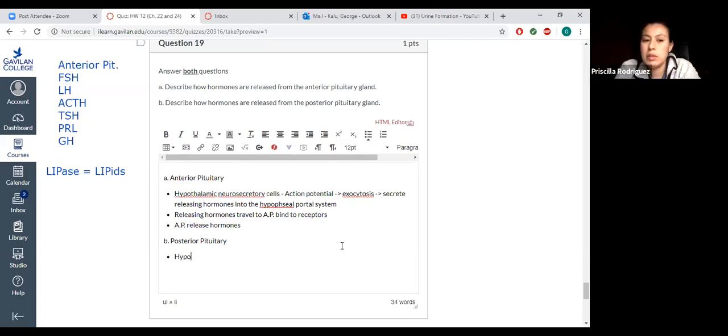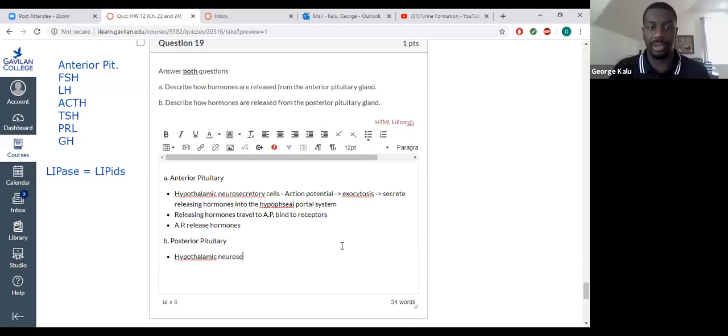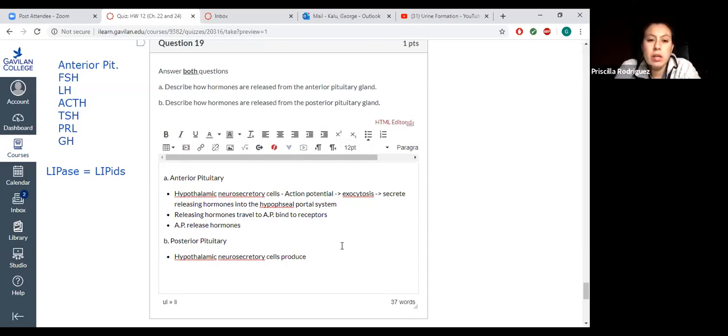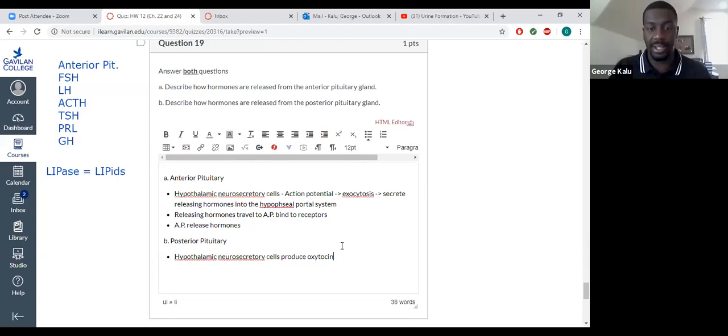So what's going to happen here is we're going to have some hypothalamic neurosecretory cells produce those hormones. Actually, let me ask you guys, what hormones get released from the posterior pituitary that are going to be produced here in the hypothalamus? Oxytocin and ADH. Right, oxytocin and ADH.